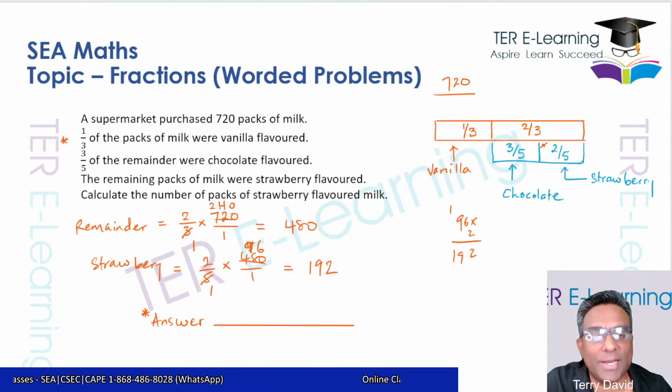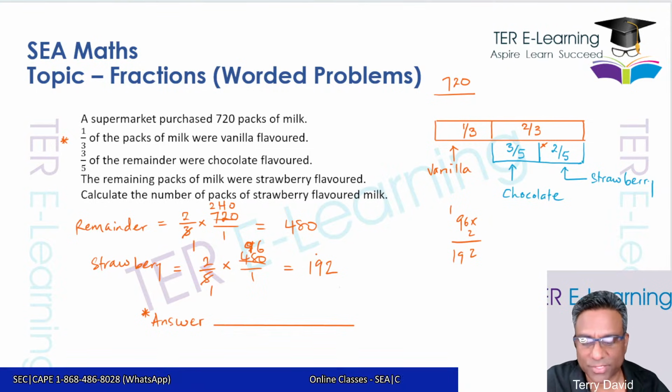Double check that, Nathan, right? But 2/5 of 480 will give us 192, right?